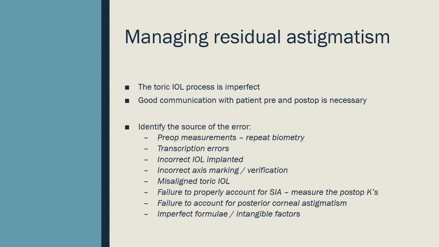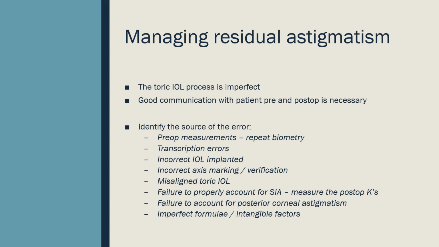It's often a good idea to repeat the biometry and measure the postoperative Ks and compare these with the preoperative Ks, because this gives you an accurate assessment of the SIA in that particular case, and it may well be that the Ks have changed from pre-op to post-op more than you would expect.